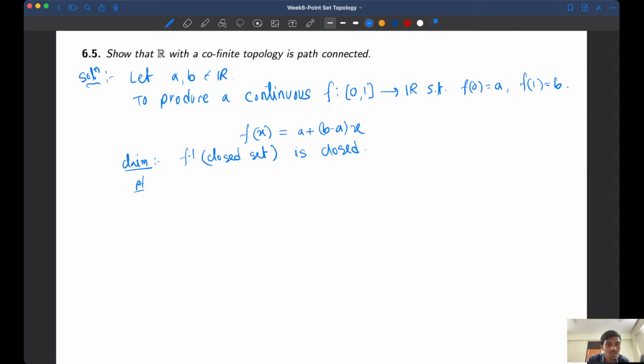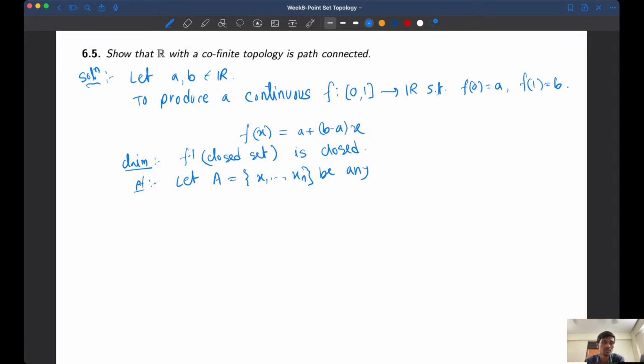Let A be a closed set. So a closed set inside R with cofinite topology will look like some finite set, let's say x1, x2, ..., xn. Because that's the only possible choice of closed set, because the complement is open.